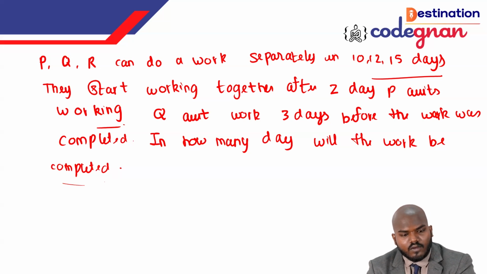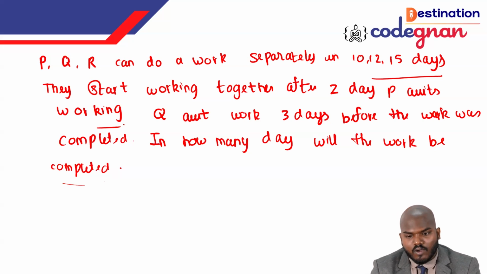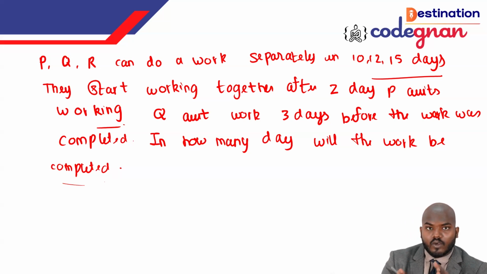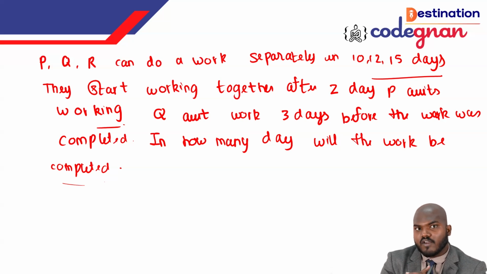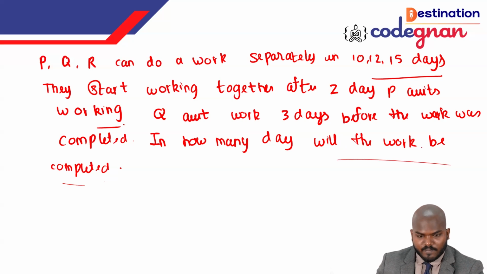Q quits the work 3 days before the work was completed. It is talking about the combination only, but the way of deriving the logic here is a little bit tricky. They are asking in how many days the work will be completed. That is the thing.